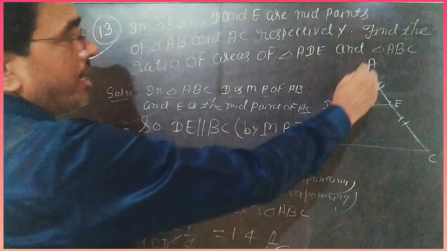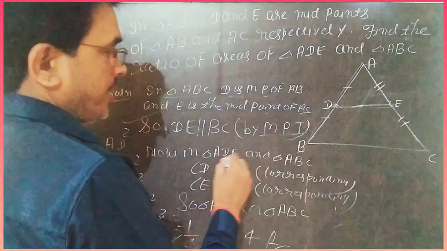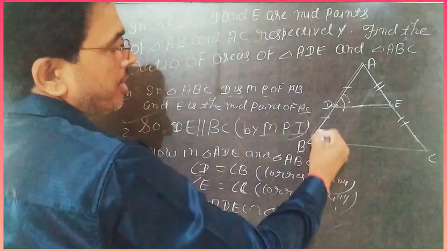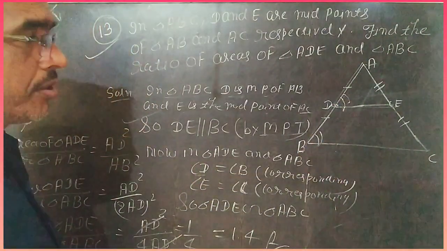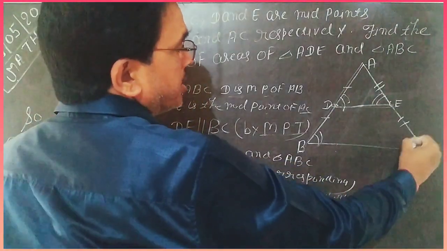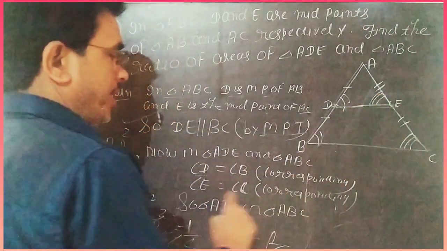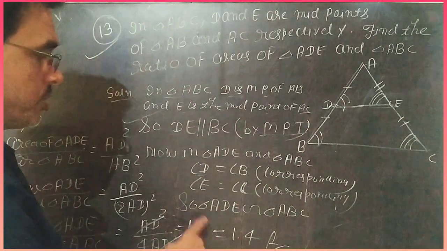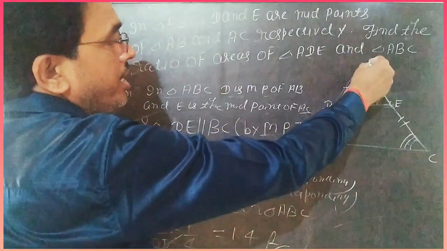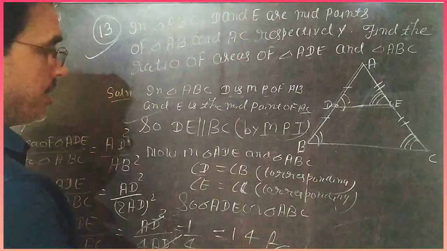Now in triangle ADE and triangle ABC, angle D is equal to angle B, because these are corresponding angles. Next, angle E is equal to angle C. This is also a corresponding angle and equal. So triangle ADE is similar to triangle ABC.